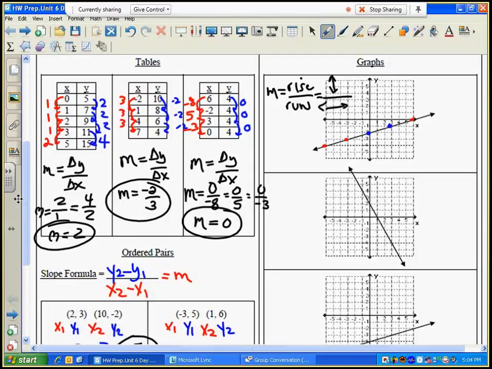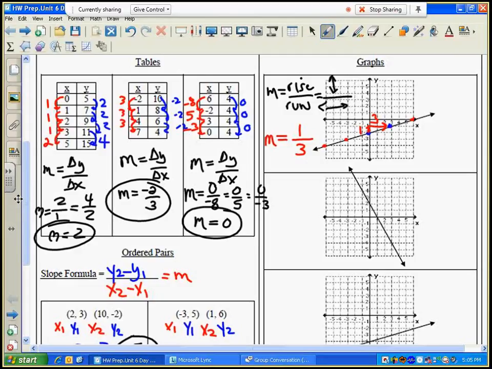Let's say that on those two blue dots, I want to go from the left dot to the right dot. First I would have to go up 1. That would give me a rise of 1 because I'm going in the positive direction. Then I want to run 3. Well, that takes me 3 in the positive direction. That would give me a slope of 1/3.